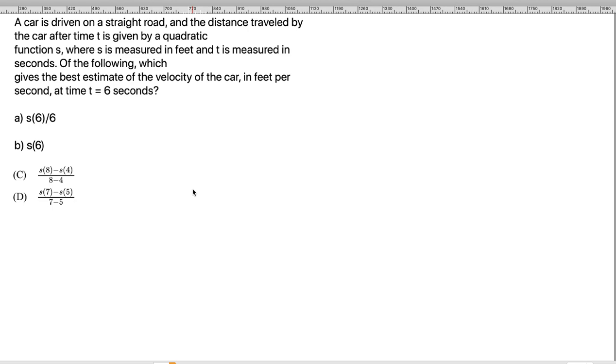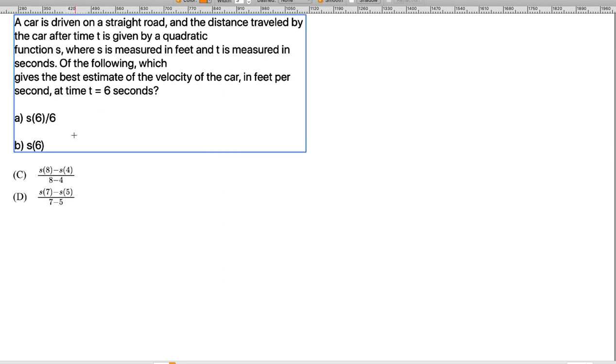Now we need to know that velocity is the change in distance over the change in time. It's the rate of change of distance. And we want it at an instantaneous time, at 6 seconds.